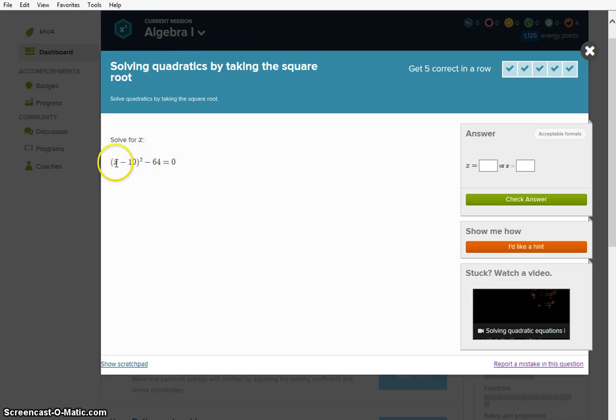The square root of x minus 10 squared is x minus 10, minus my 8. If it's minus 8 here, I have to add it to both sides, so it'll be 8 equals x minus 10. 10 plus 8 is 18, so x is equal to 18.